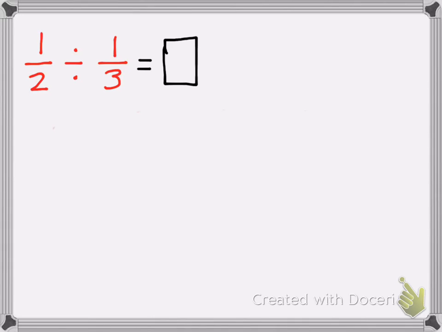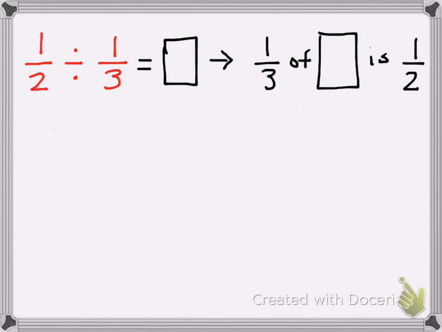I just don't know what it is yet. And I can rethink of this as being 1/3 of that number, whatever it is, going to be my original fraction, which is 1/2 in this case. So 1/3 of some number is 1/2.